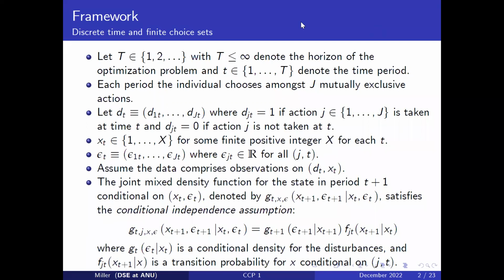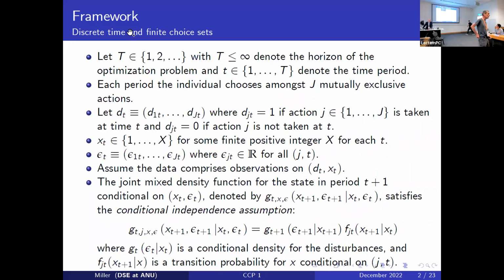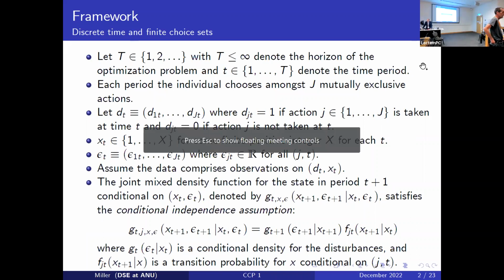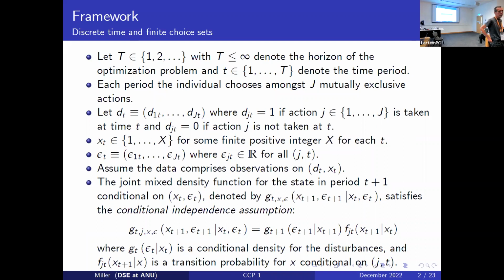For now, we'll just assume that there's a finite state space, so there are big X elements in it, although nothing that I say really is confined to that assumption. Otherwise you'd have to be doing some smoothing, some non-parametric conditional estimation of the CCPs, but apart from that, it really doesn't make much difference.